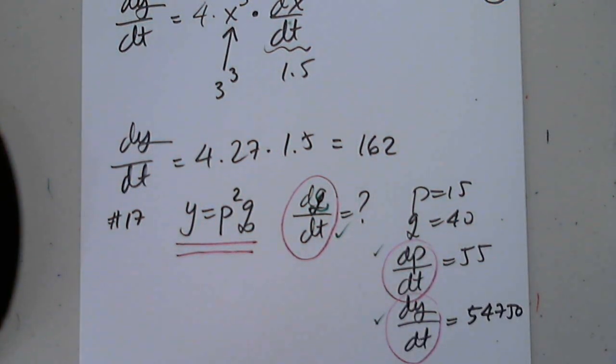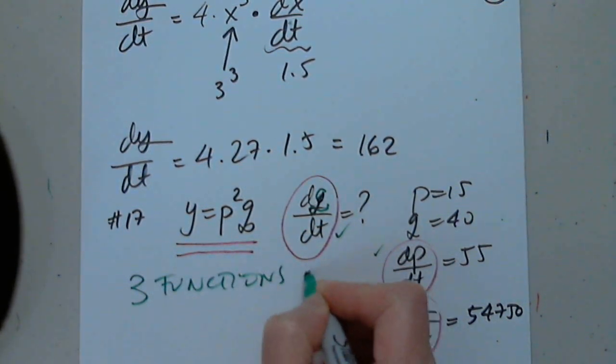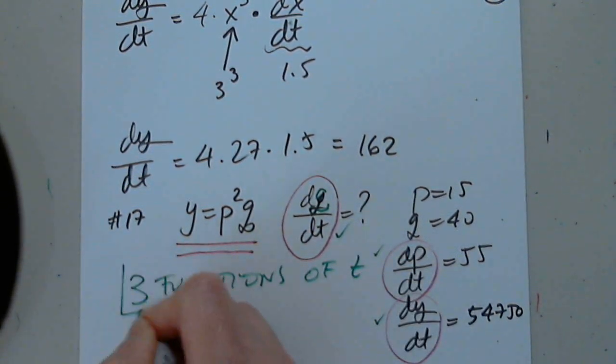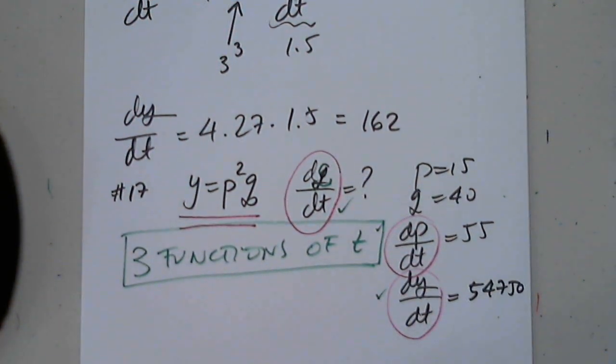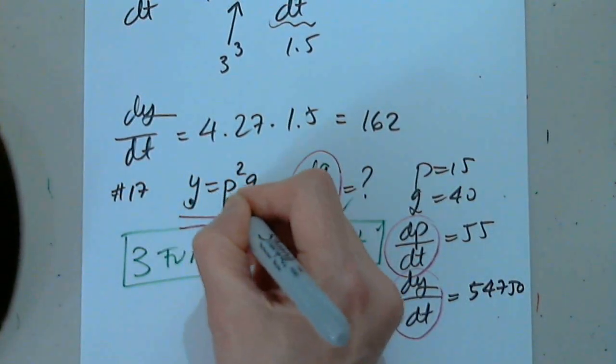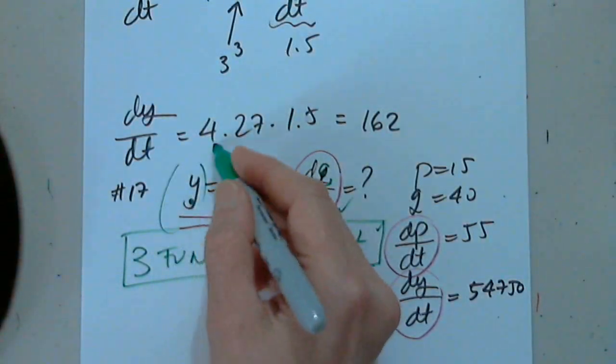It has 3 functions of t. Yes, 3 functions of t. Good, awesome. Once we notice that, I'm going to put a little dot so we know that these are functions, so we don't forget. We cannot treat them as variables. They are functions. Good, so then we differentiate.